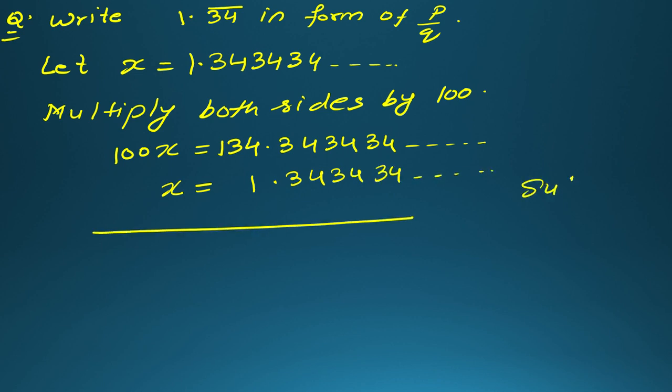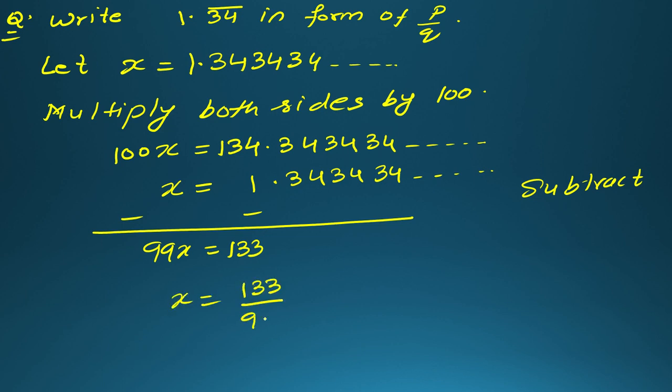By subtraction, 100x minus x means 99x is equal to 134 minus 1, which is 133. So x is equal to 133 over 99. If you can simplify, then you must simplify, otherwise this will be the answer. I don't think that it will be simplified.